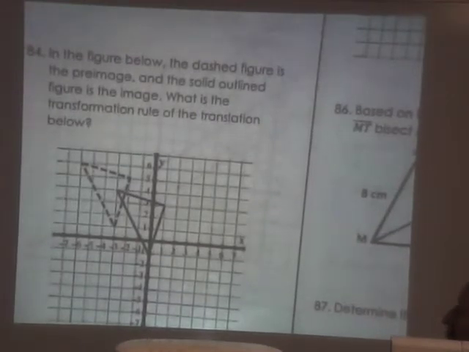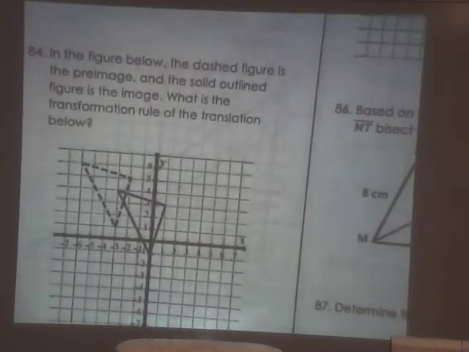The figure below, the dashed figure is a pre-image, and the solid outline figure is the image. What is the transformation rule of the translation below? So we're starting with the dashed one, right? We're going from the dashed to the solid.